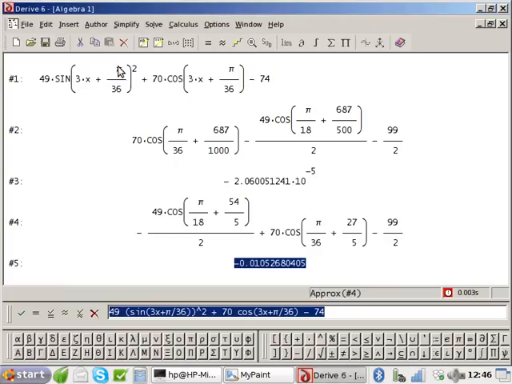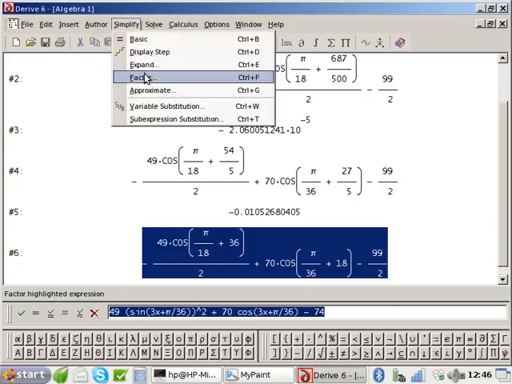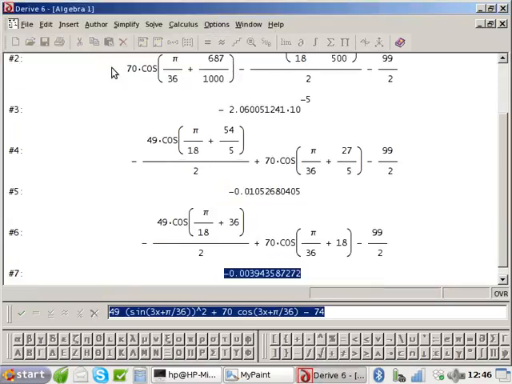Again, nearly zero. So let's just jump to the last answer. What was the last answer? 5.996. So about 6. Again, also nearly zero.